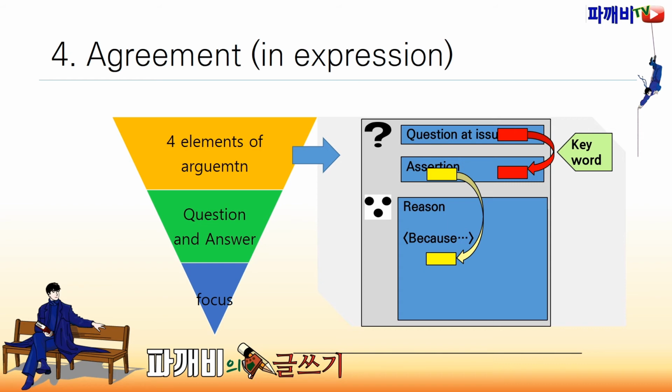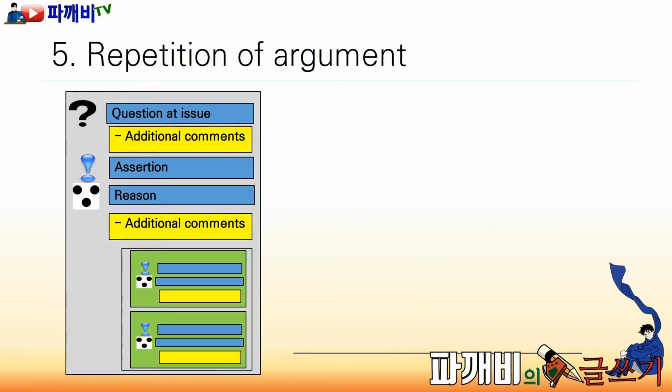In this expression, each part should agree with another. This agreement is the basic role of keywords in expression. Keywords connect question to assertion, and again, assertion to reason. In many cases, an argument is quite short, but several arguments are connected to be a long article. Let me show you an example.